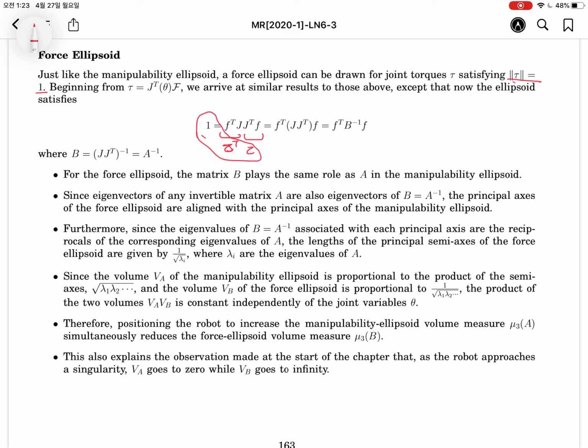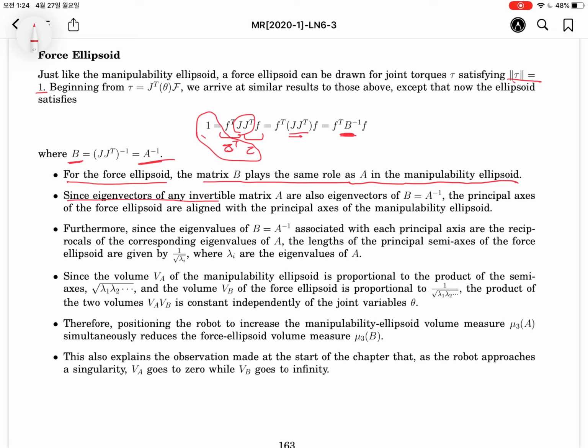So the unit tau contour is used to describe the force ellipsoid. We need to obtain the inverse relation, so this is assigned as B, where B is equal to the inverse matrix of A. So both are orthogonal to each other. For the force ellipsoid, matrix B plays the same role as A in the manipulability ellipsoid.